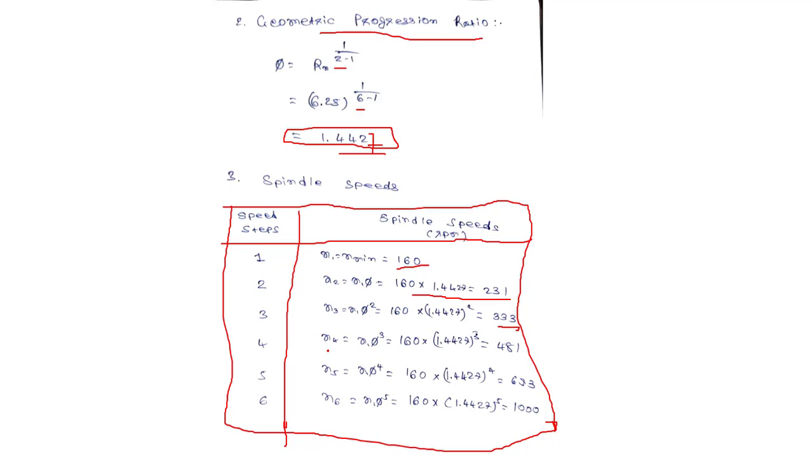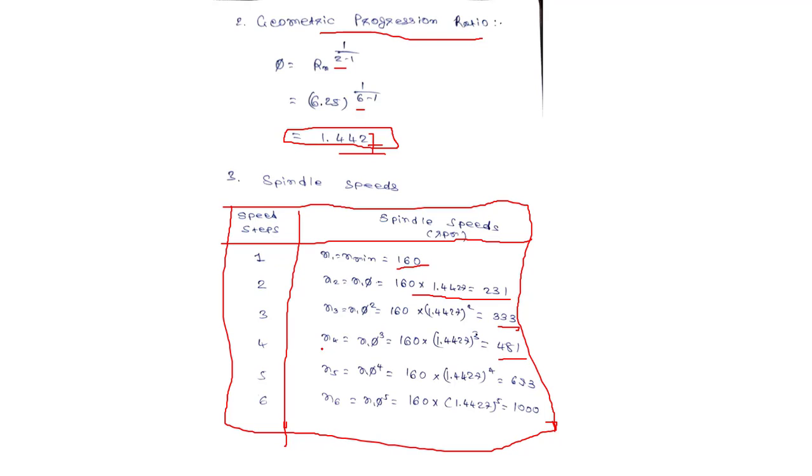For N4, the value of N4 is equal to N1 into phi raised to 3, which is 160 into 1.4427 raised to 3, equal to 481.